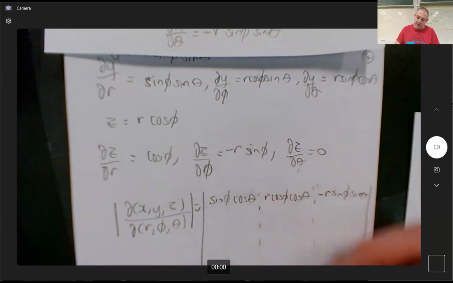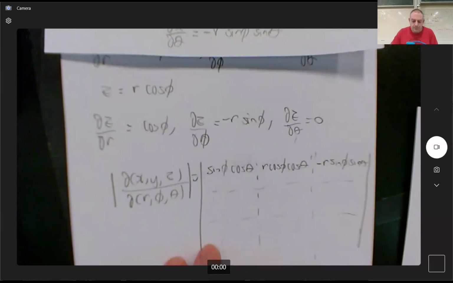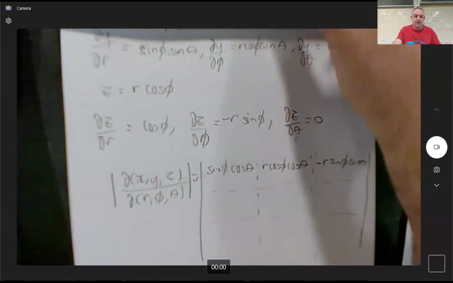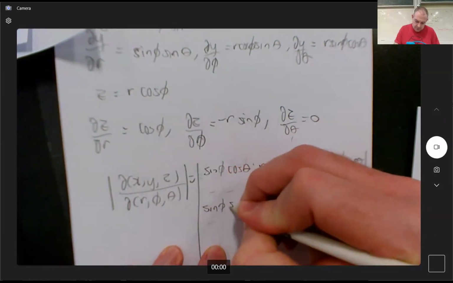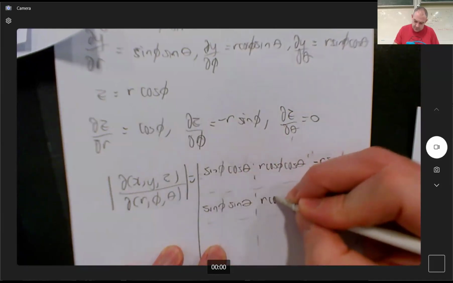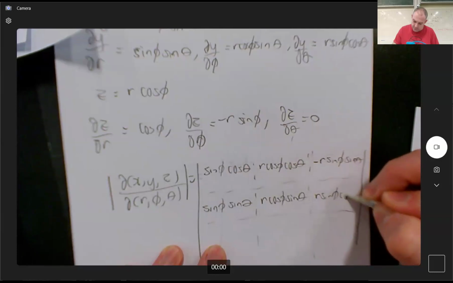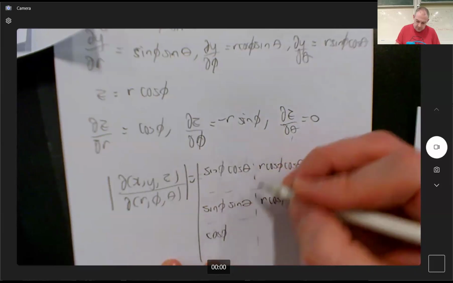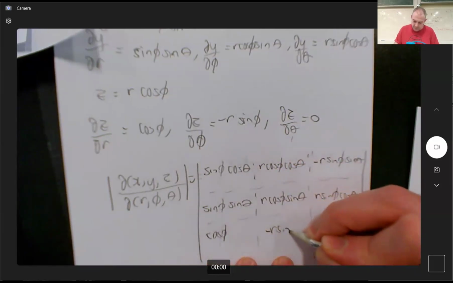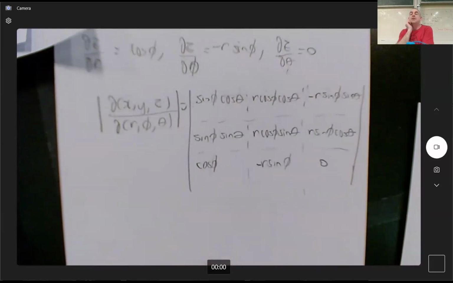I'm going to put some dotted lines in here so I can keep track of where one thing ends and the next begins. And then my y's. And my z's. Right. And the absolute value of the determinant of that matrix is the thing I want.